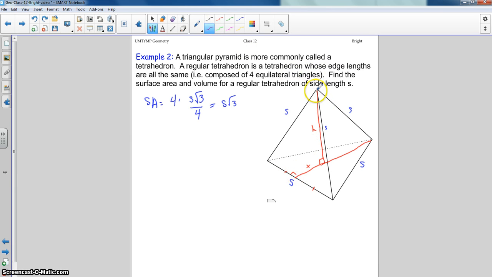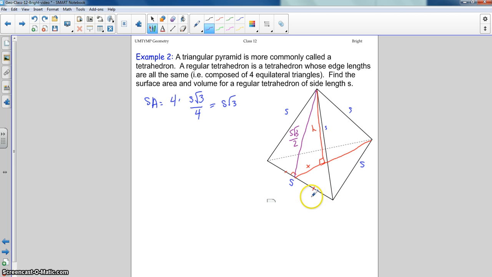Let me put that in purple. Okay, this distance would be the height of the equilateral triangle, which I can determine using our past knowledge as s square root 3 over 2.